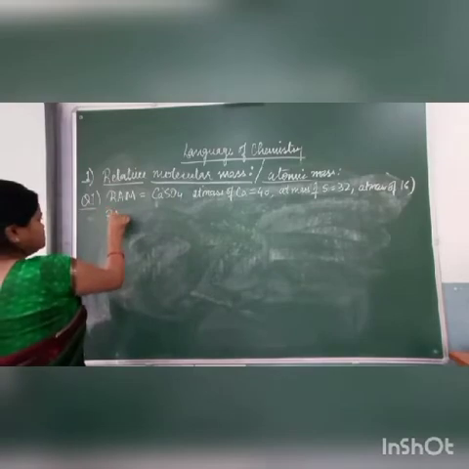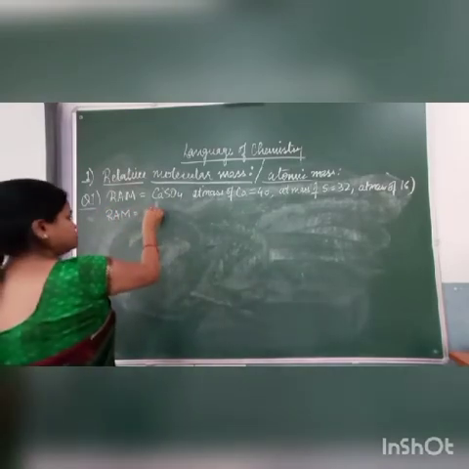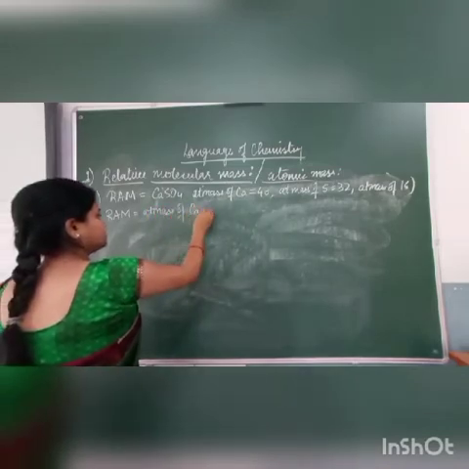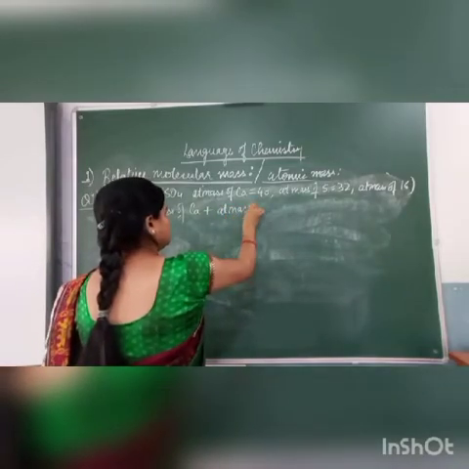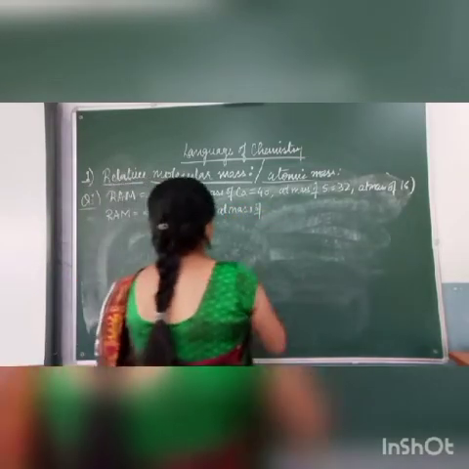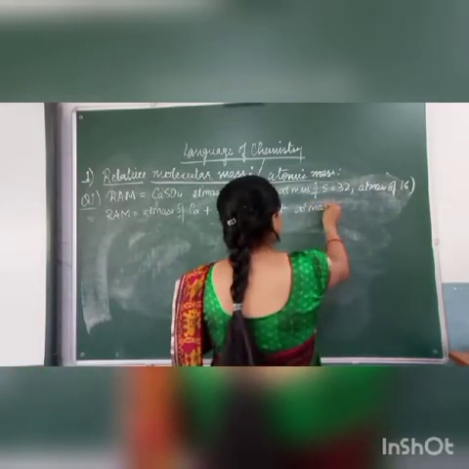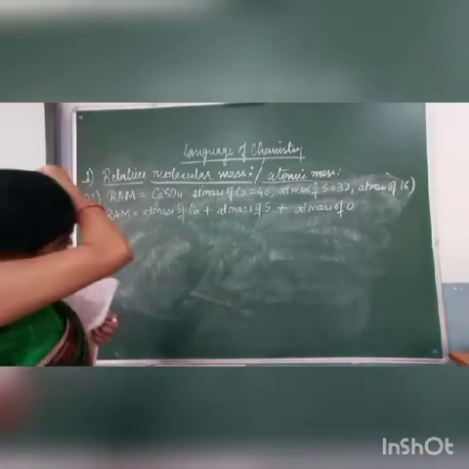Now let us proceed. We will go through the same steps where we will write atomic mass of calcium plus atomic mass of sulfur plus atomic mass of oxygen. 3 elements are only there.